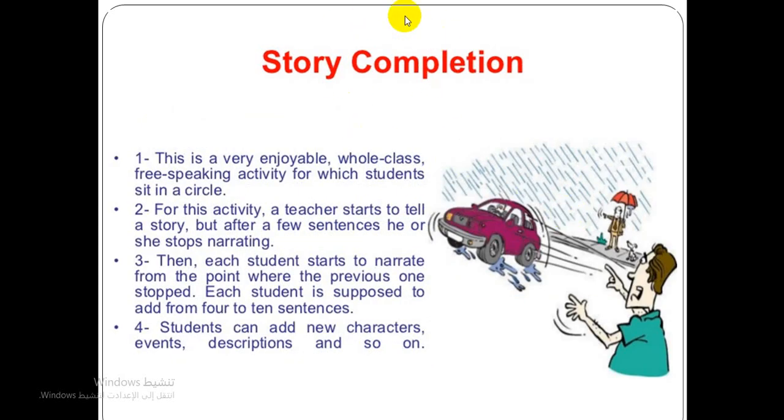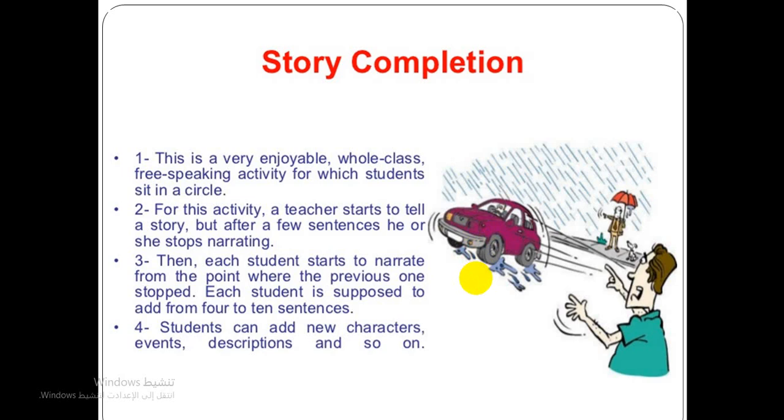Story completion activity. This activity is a very enjoyable, whole class free speaking activity for which students sit in a circle. For this activity, a teacher starts to tell a story, but after a few sentences, he or she stops narrating.